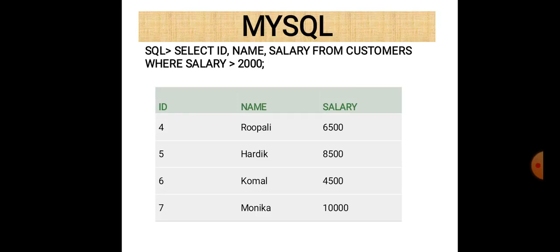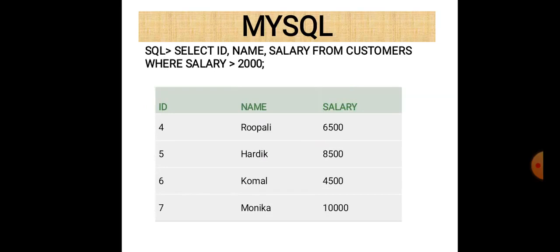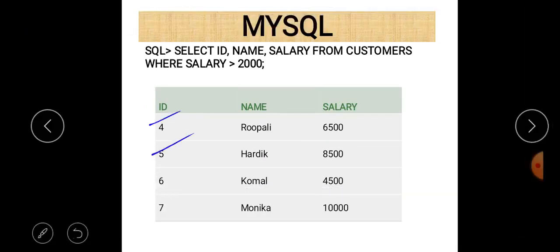So that condition is applied, and after that condition there are only 4 records that are shown on screen, and that is the output. Okay, so whatever condition you apply with the where clause, according to that condition, data will be displayed.